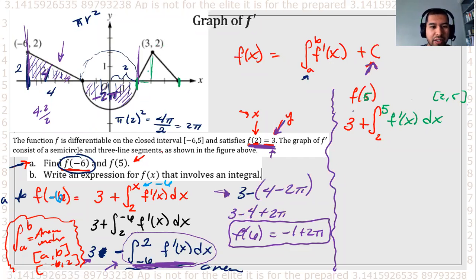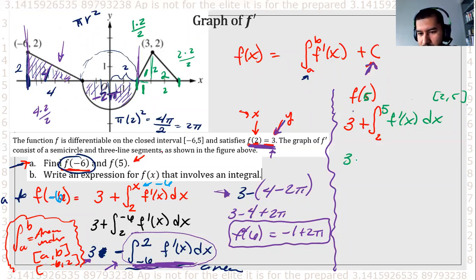So I want to find this area of the green. This base is 1, and this is a height of 2, and this is 2. So I can find the area, base times height divided by 2, base times height divided by 2. I got that this was 1. And this one is 2 times 2 divided by 2. I got that this was 2.